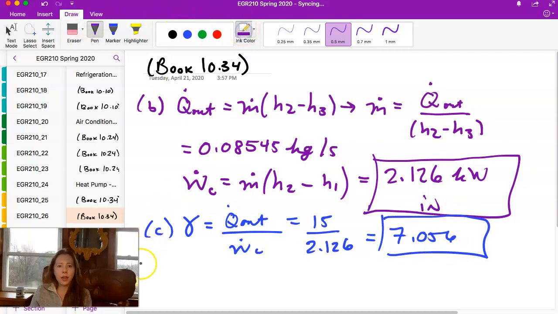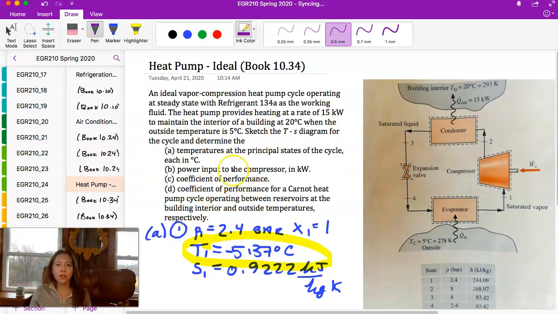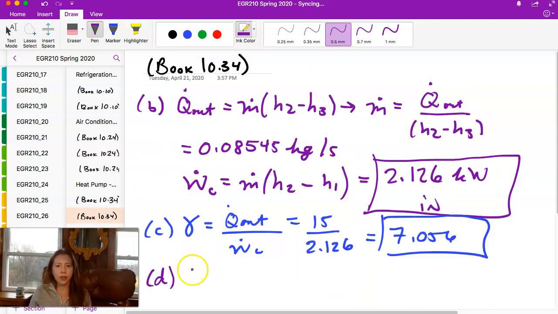And then lastly, we're looking for our coefficient of performance if we had a Carnot cycle operating between, what was it, 20 degrees Celsius and 5 degrees Celsius. So it's going to be our gamma max.